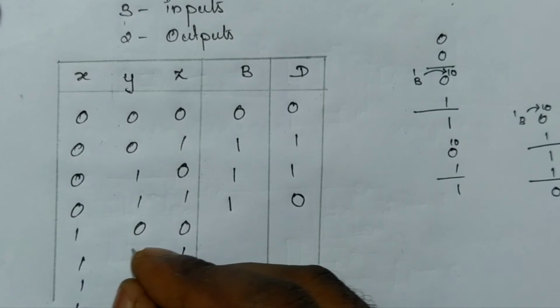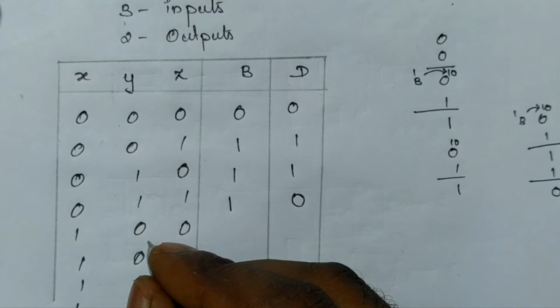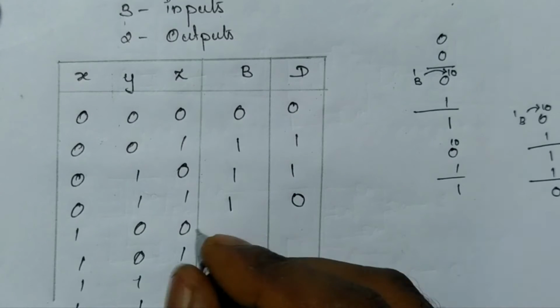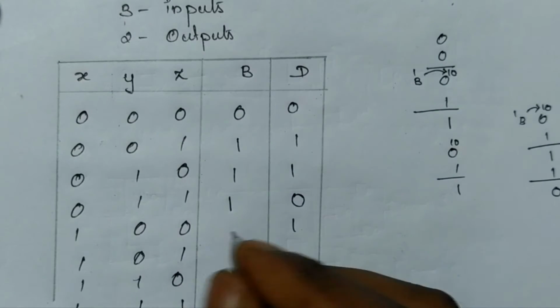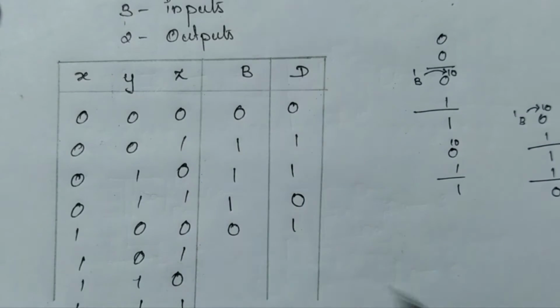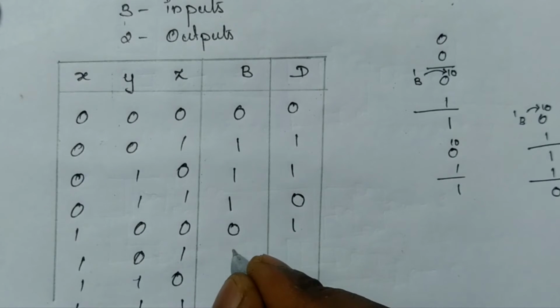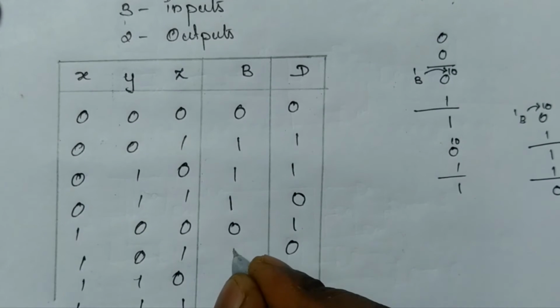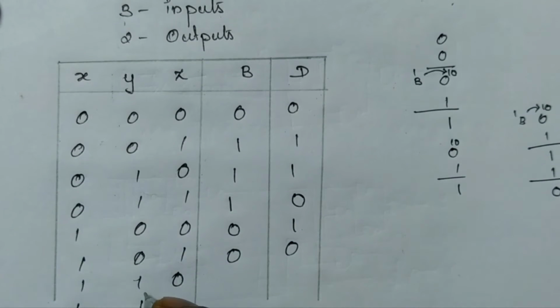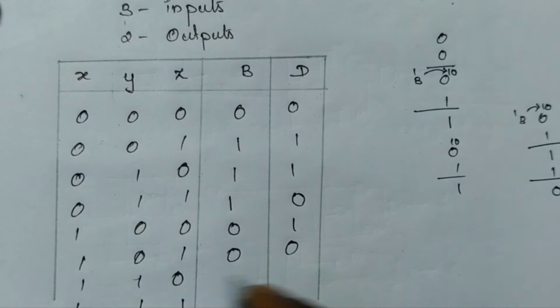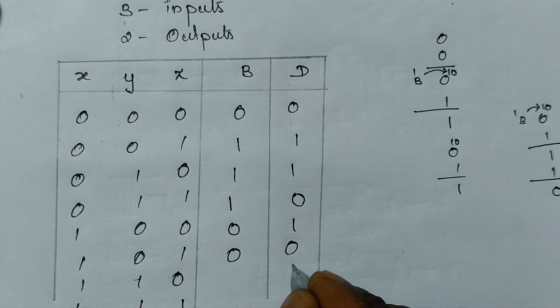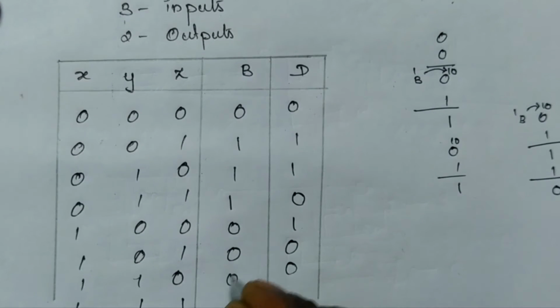Likewise for the next condition 1 0 0, minus 0 1, therefore difference is equal to 1, borrow is equal to 0. For the next one, 1 minus 1, therefore difference is 0, borrow also 0. Likewise if you subtract these two, 1 minus 1 0, the difference is 0, borrow also 0.